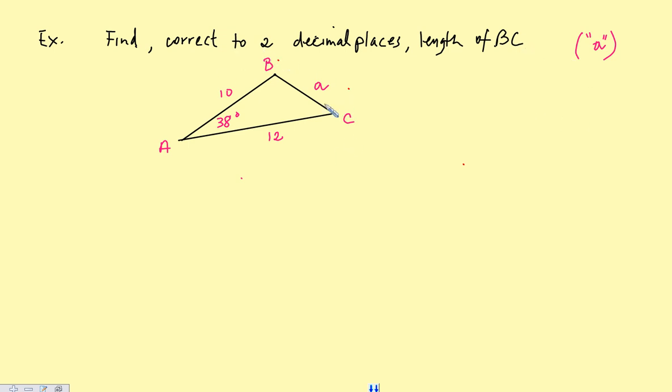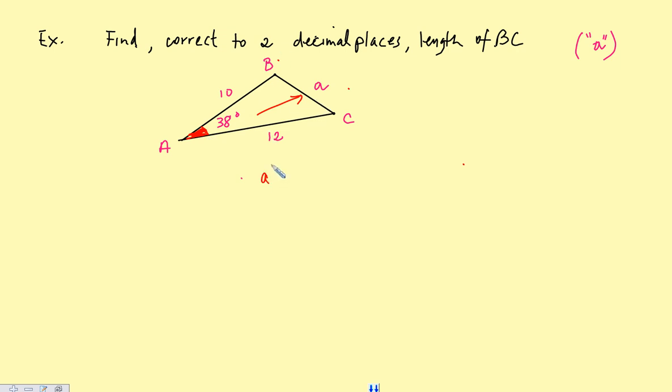I'm given angle A, and the two sides right near it, so angle A is the included angle. That means I'm looking for the side opposite it, which is A.